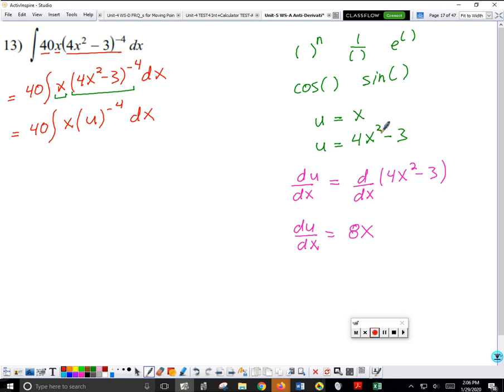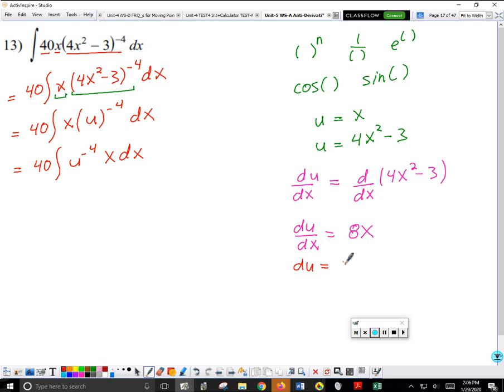These two functions are being multiplied, so the order doesn't matter. Now I look over here, and I notice du over dx literally means du divided by dx. So algebra says I can multiply both sides by dx.